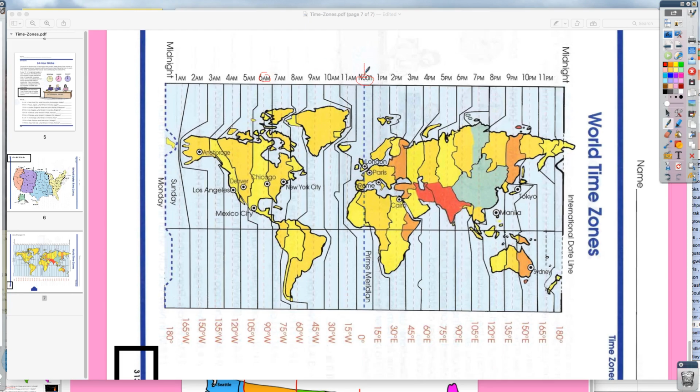So if it's 1 p.m. and we're counting back, we'll have to count 1 p.m., which means like 1 in the afternoon. This time zone would be noon, 11 a.m., 10 a.m., 9 a.m., 8 a.m., 7 a.m.